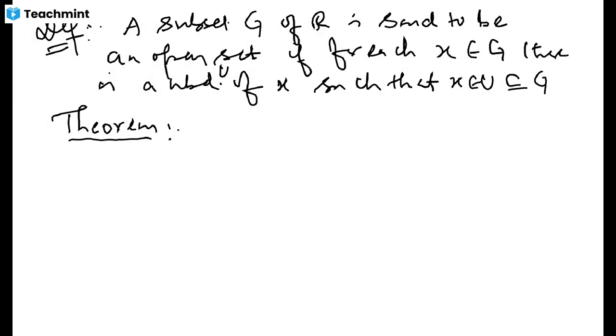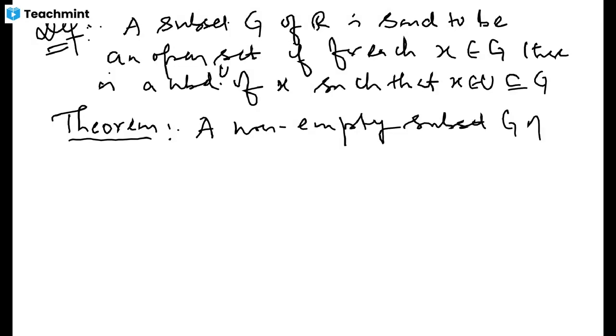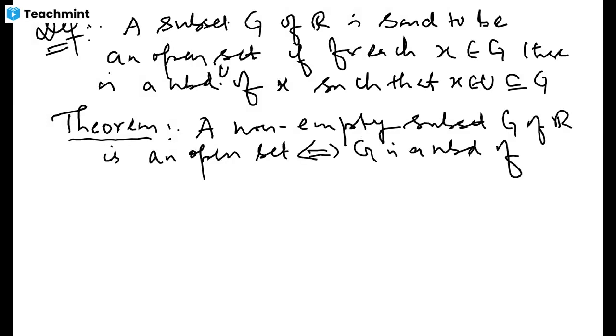An equivalent definition of open sets is the following: a non-empty subset G of R is an open set if and only if G is a neighborhood of each of its points. So a set which is a neighborhood of each of its points is an open set.